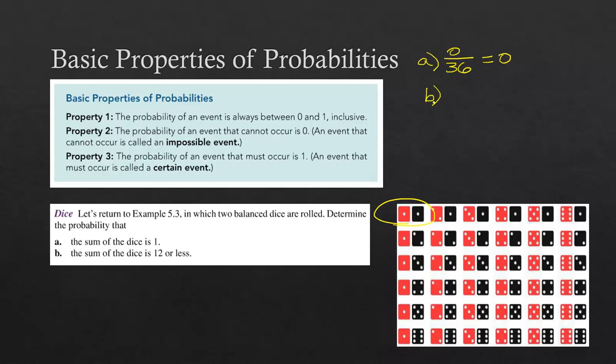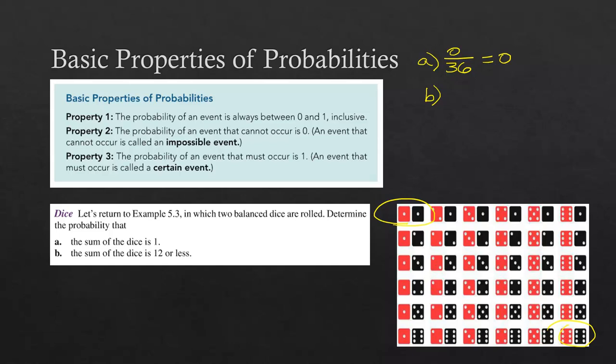Alright, well let's look at the second one. Letter B: the sum is 12 or less. Well, think about what's the most that one of these can be. Since 6 is the largest number on both dice, then 12 down here at the bottom right corner would be the largest number that you could get.